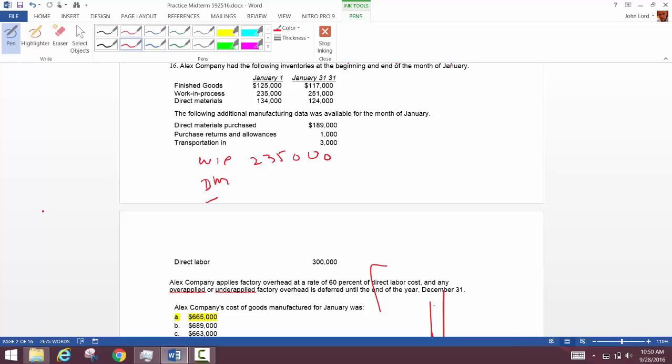Okay. All right, so what's happening? I'm sitting here, and this problem is telling me that I had the transportation in. So what do I do with the transportation in? I add the transportation in for 3,000. And so once I add the transportation in of 3,000, now we have how much? 191,000, don't we?